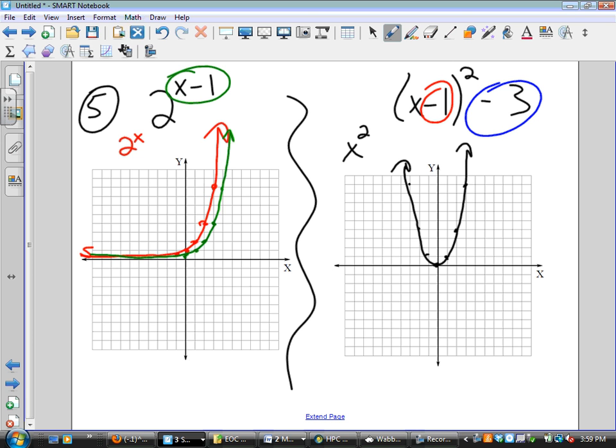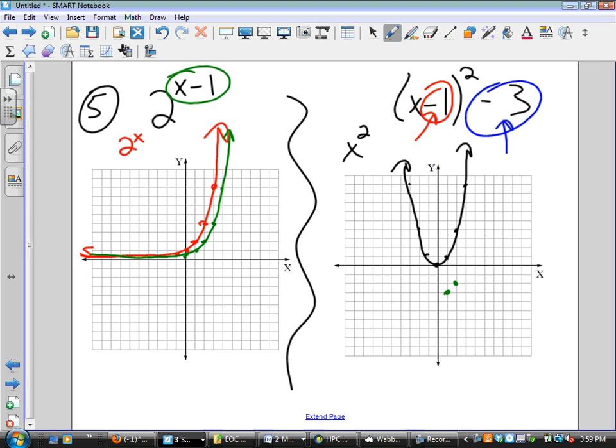Okay, so then let's use that graph to graph the final result by doing transformations. We're going to shift everything to the right 1 unit, and then we're going to shift everything down 3 units. Okay, so let's pick this first point, 0, 0. We're going to move it to the right 1 unit and down 3 units. 1, 1, we're going to move to the right 1 unit and down 3 units.